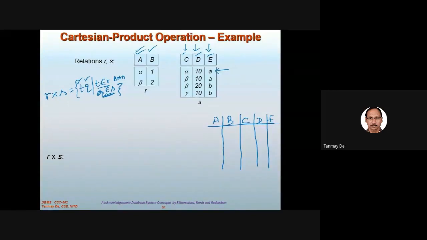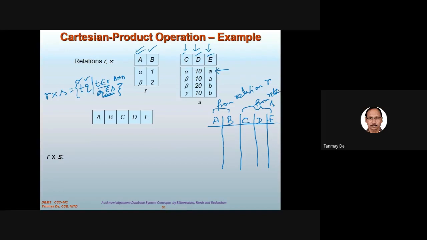Is it clear? Now comes to the point: this is A, B, C, D, E. These two are from relation R, and these three are from relation S. Now what are the contents of this?